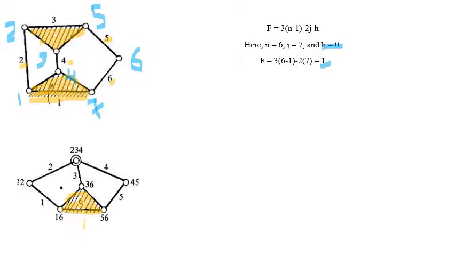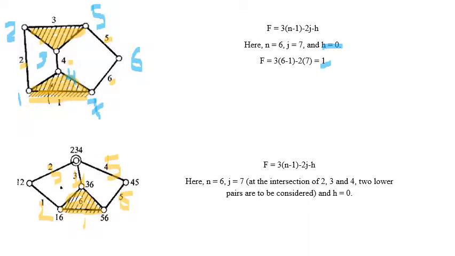No problem. Link number 1. This is link number 2. This is link number 3. Link number 4. This is link number 5. Link number 6. So we have 6 links.